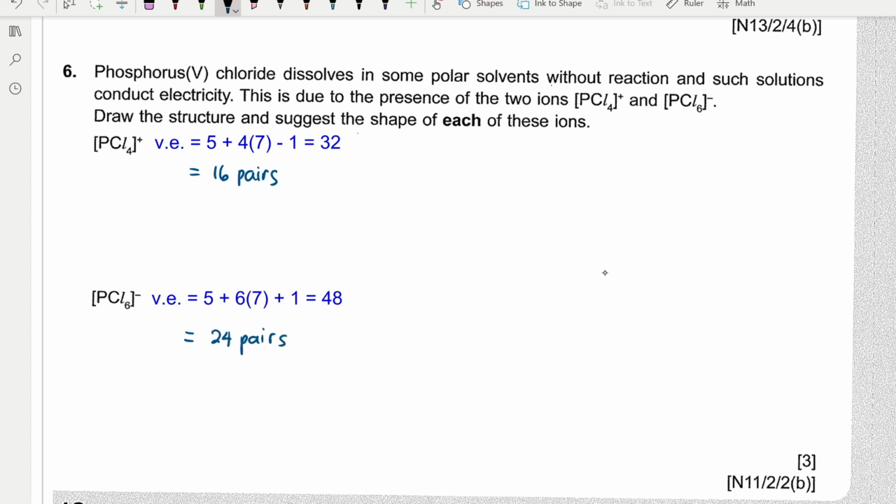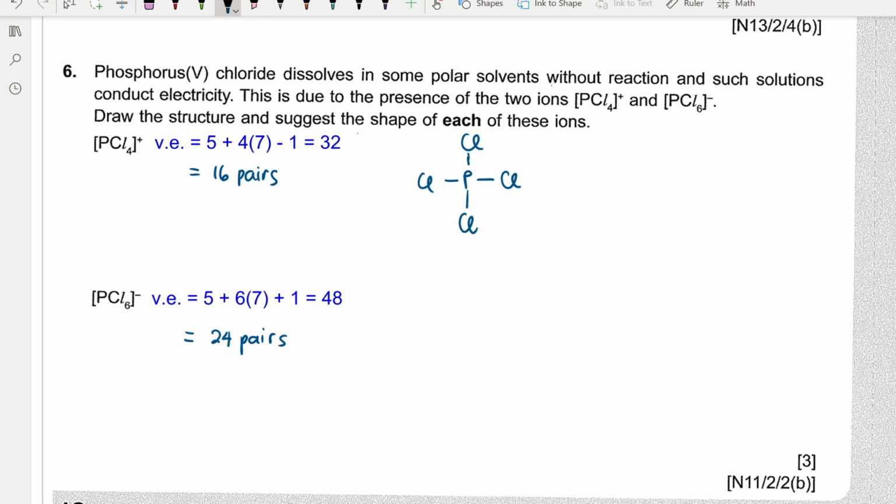Now we arrange all the electrons around phosphorus. Let's first draw 4 chlorines surrounding phosphorus. Remember, phosphorus is in period 3, so when needed, it can form stable atoms with more than 8 valence electrons. But let's just do the octet first.